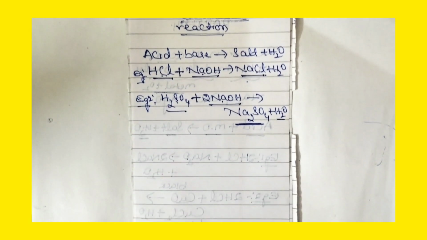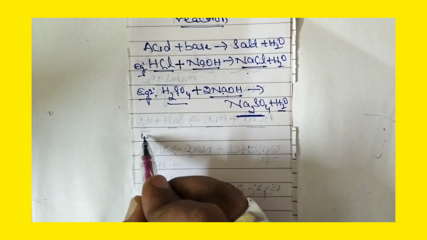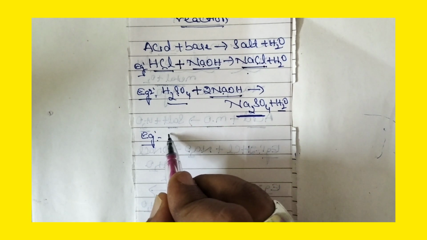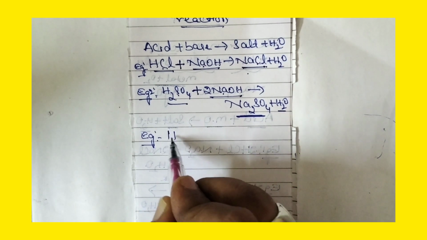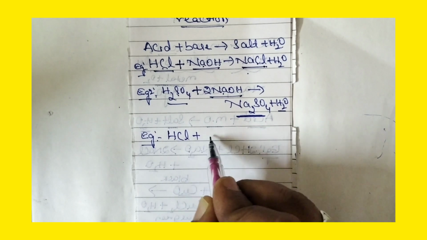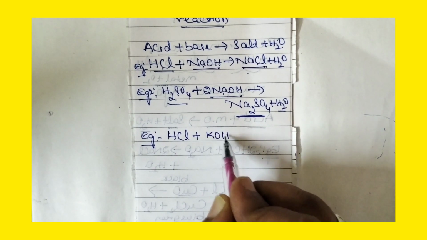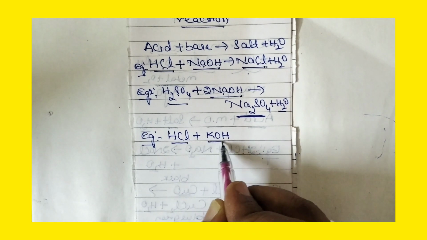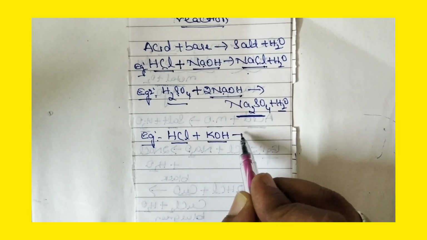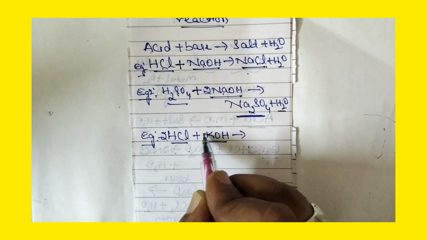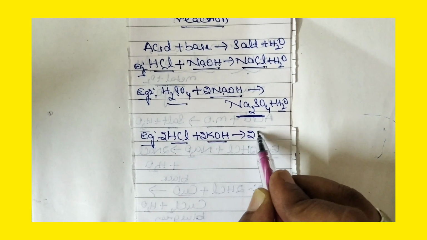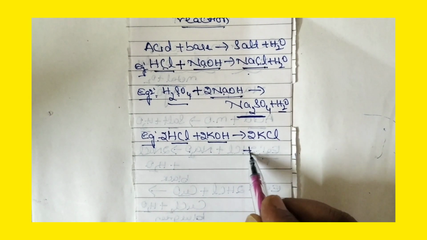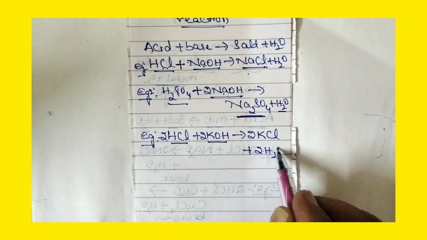So now let us take one more example. I will write three or four examples, so keep them in mind. So here, hydrochloric acid reacts with potassium hydroxide, which is a base. Hydrochloric acid is an acid, reacts with a base called potassium hydroxide to form KCl, that is potassium chloride, plus water, H2O.